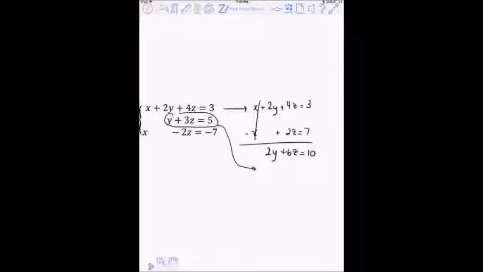So now I can take that middle equation, which already had a y and a z, and then if I multiply that by negative 2, I'm going to get this system of equations, where we get 0 equals 0.